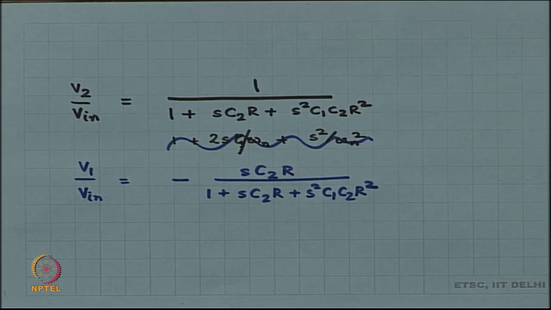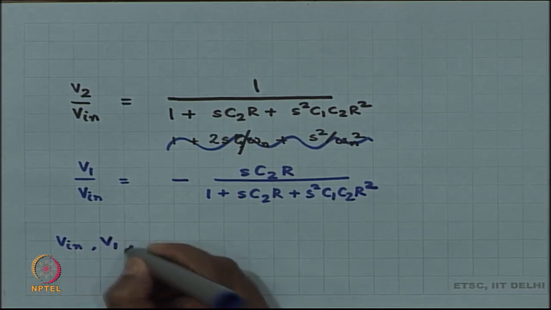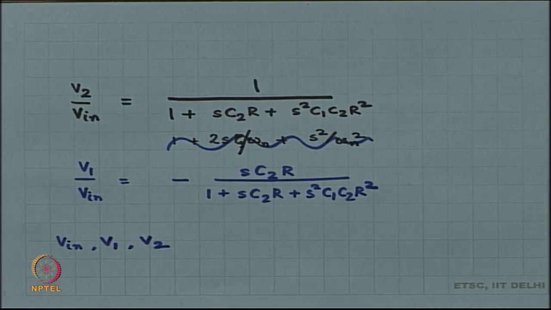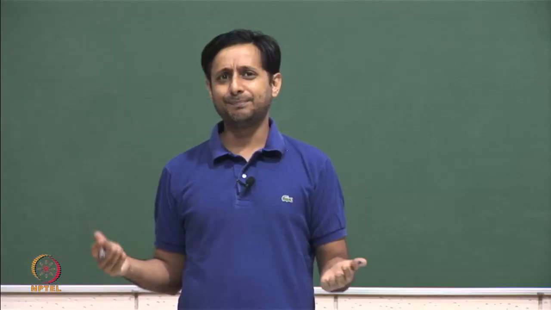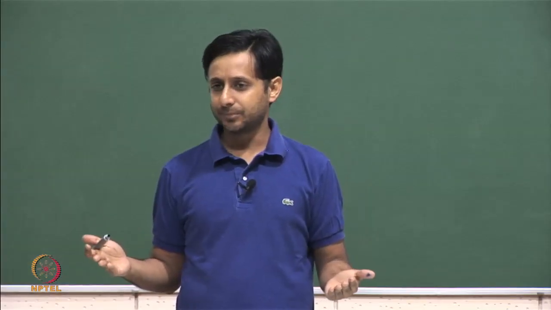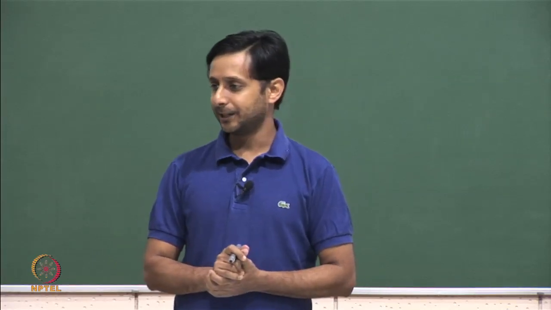The denominator remains the same, you get something in the numerator. So, if you look at it carefully, this is a band pass transfer function. Okay. And with the help of V in, V 1 and V 2, you can arbitrarily add V in, V 1 and V 2 and weight and add, you can create any second order numerator polynomial as well as any arbitrary second order denominator polynomial.